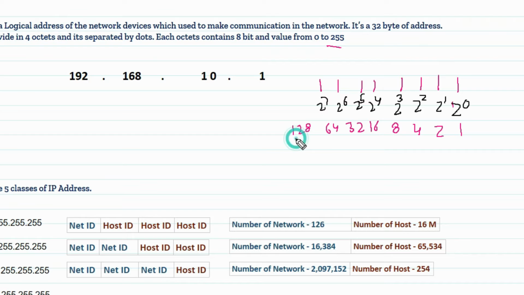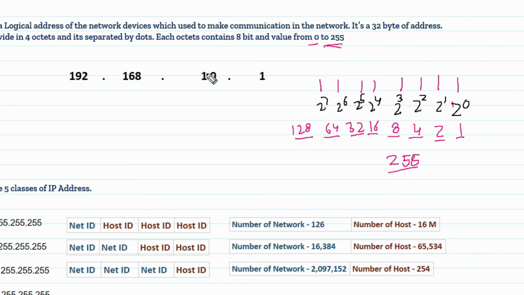If we add 128, 64, 32, 16, 8, 4, 2, 1, it becomes 255. That's why we say its value is from 0 to 255.